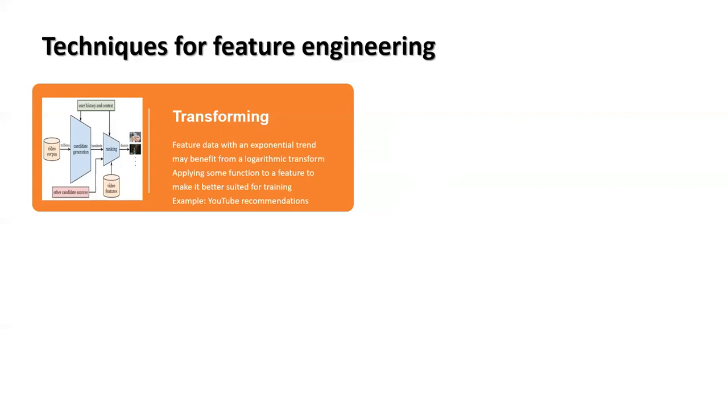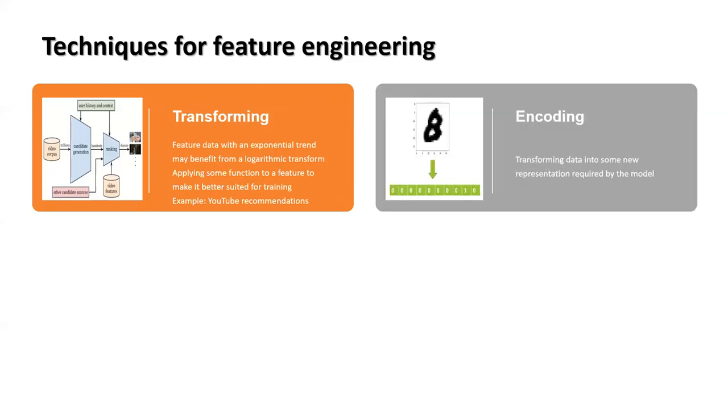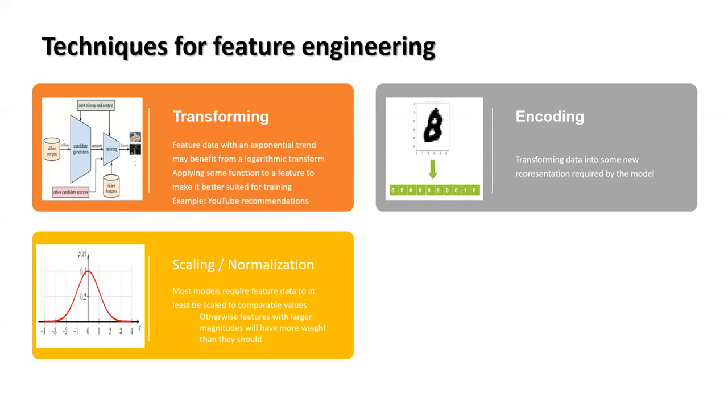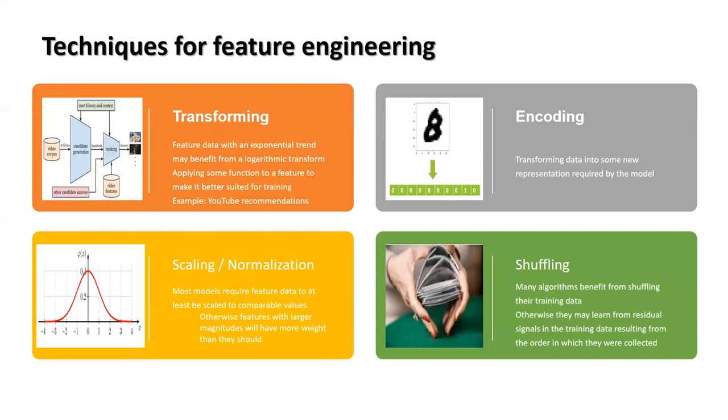Which features do we have to use? Do I need to transform this feature, or how do I handle missing data? The techniques here are transforming, encoding, scaling or normalization, and shuffling.